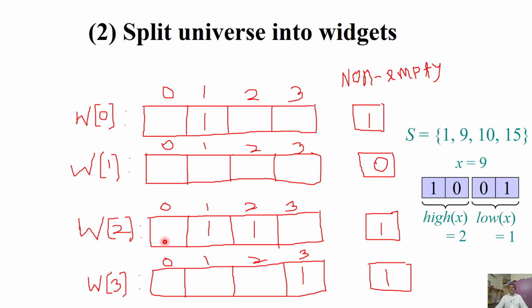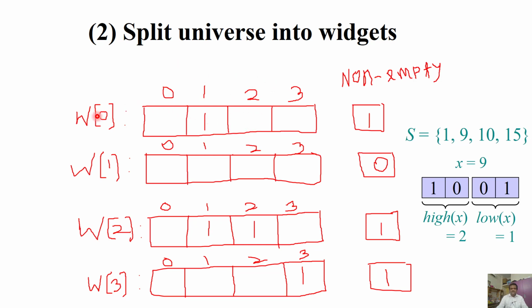Also, suppose we are finding the successor of x equal to 2. How to do that? We first break it into halves, high of x and low of x. High of x of 2 is 0 and low of x is 2.